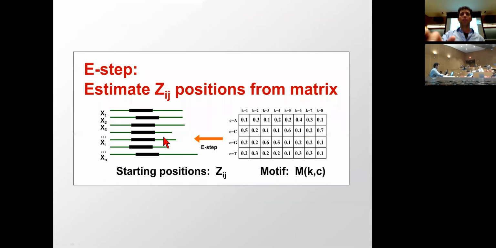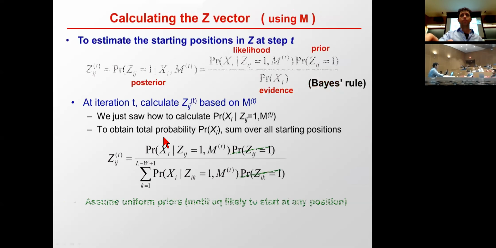So how do we now calculate Zij? I basically have my probability of starting at any particular position given my sequence and given my motif model. And this is the posterior probability of starting at that position. But what I have is a generative model that basically tells me what is the probability of emitting a particular character given my motif at any one position.